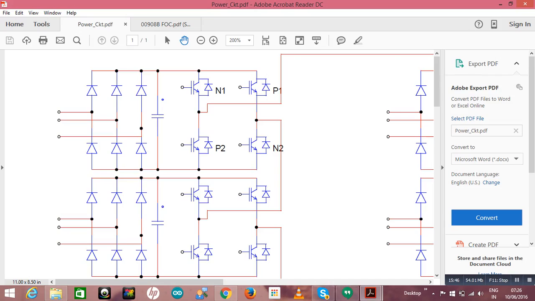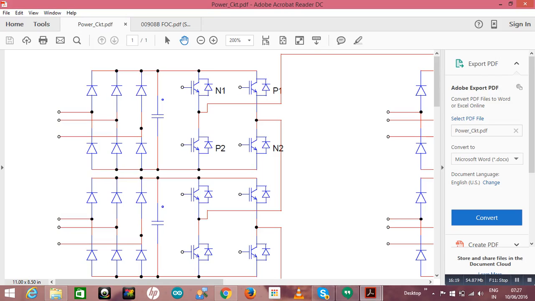As you know, the voltage is coming nearly 5200 volt because it's a single leg. If I am able to switch 5200 volt in a single leg, my switching frequency is restricted to 750 hertz.